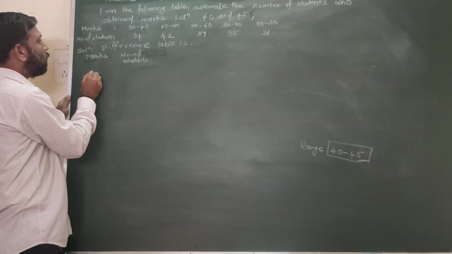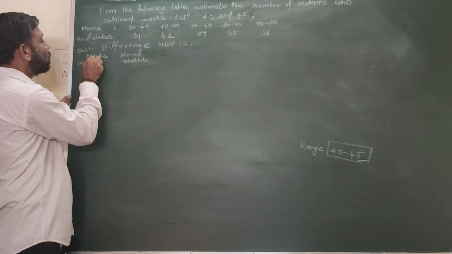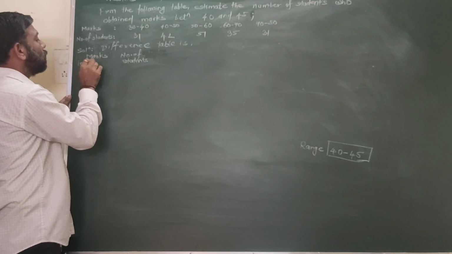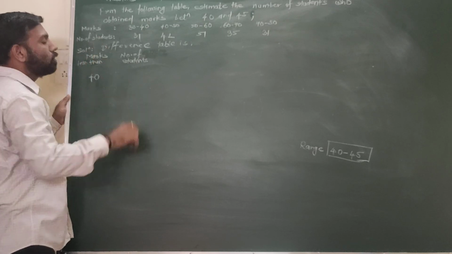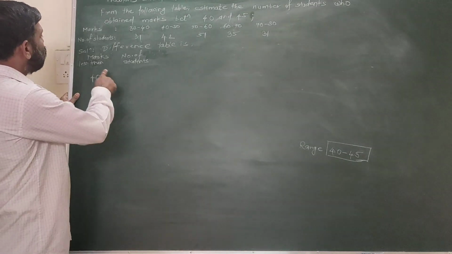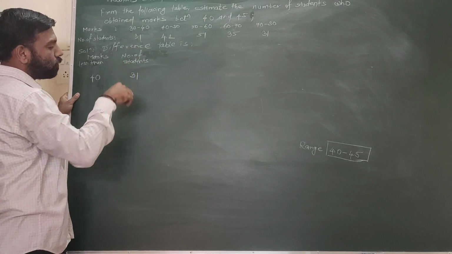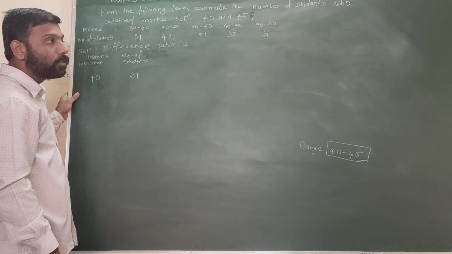Suppose I mention here marks less than 40. How many students are there? So marks less than 40, there are 31 students. Understand the data here first.